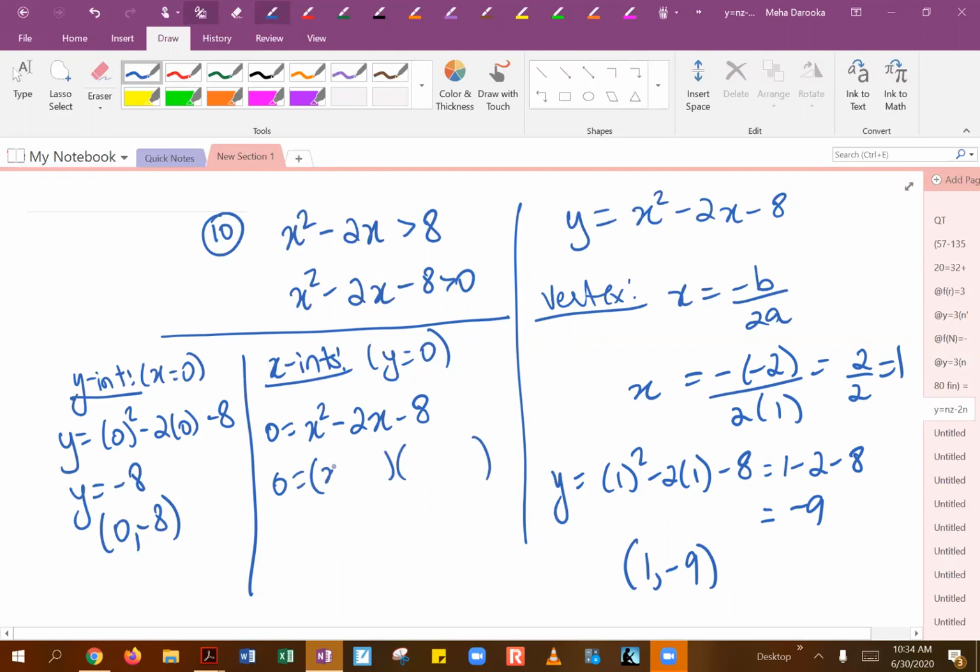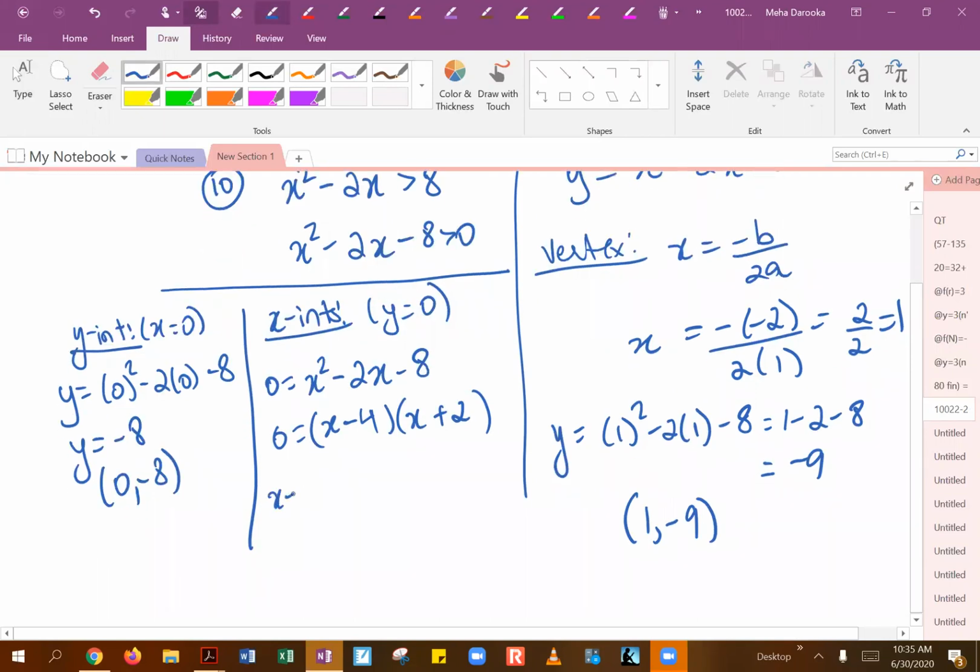So this will factor into x plus 4, x minus 2, because positive 4 and negative 2, when we multiply, we get negative 8, but that won't give me negative 2, will it? So we need to make our 4 into a negative number and 2 into a positive. And when we add them, we will get negative 2. So yeah, it needs to be x minus 4 and x plus 2.